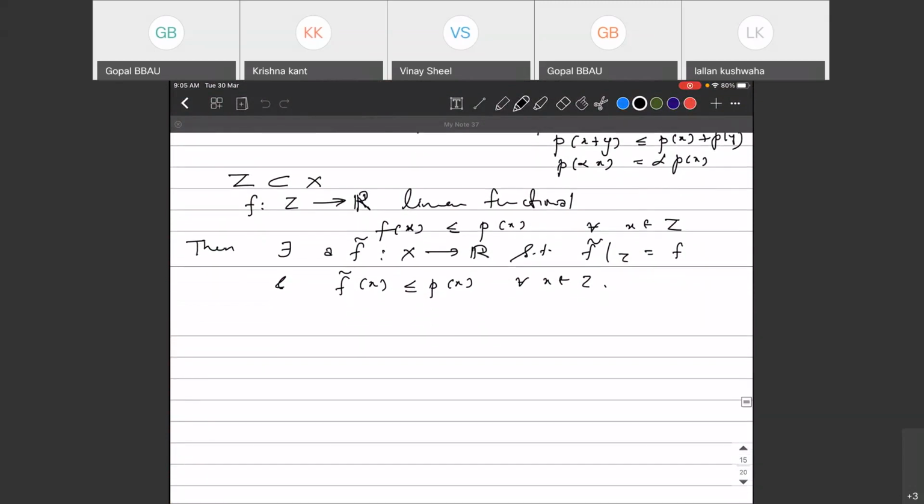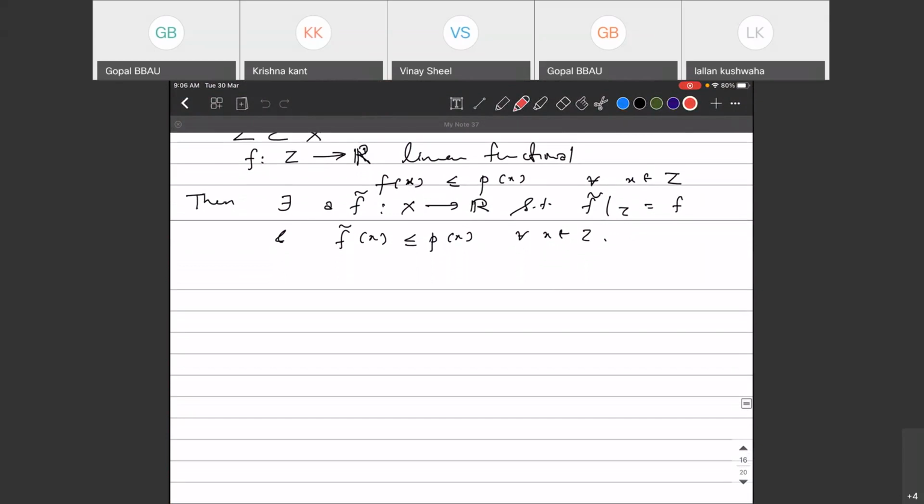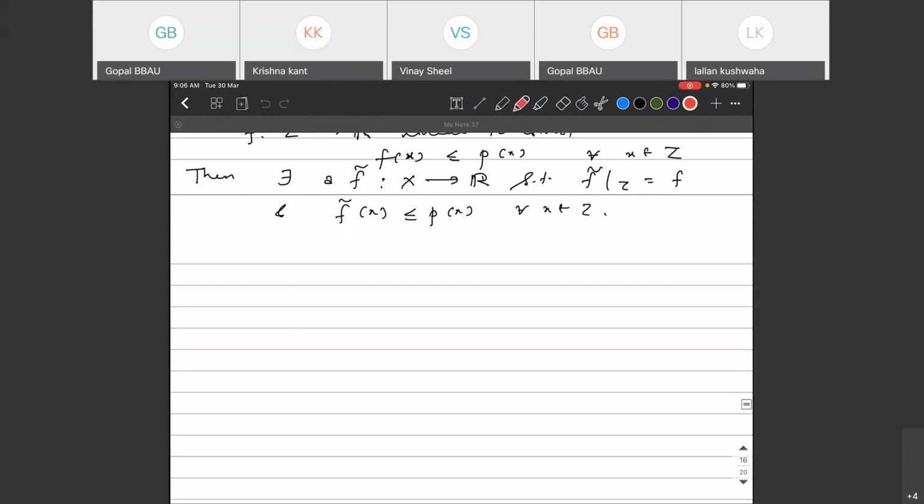By proving this theorem, we were using Zorn's lemma, and in fact, what we have shown so far is we have produced an F tilde from its domain of definition to R, which satisfies F tilde x less than or equal to Px for all x in the domain of F tilde.